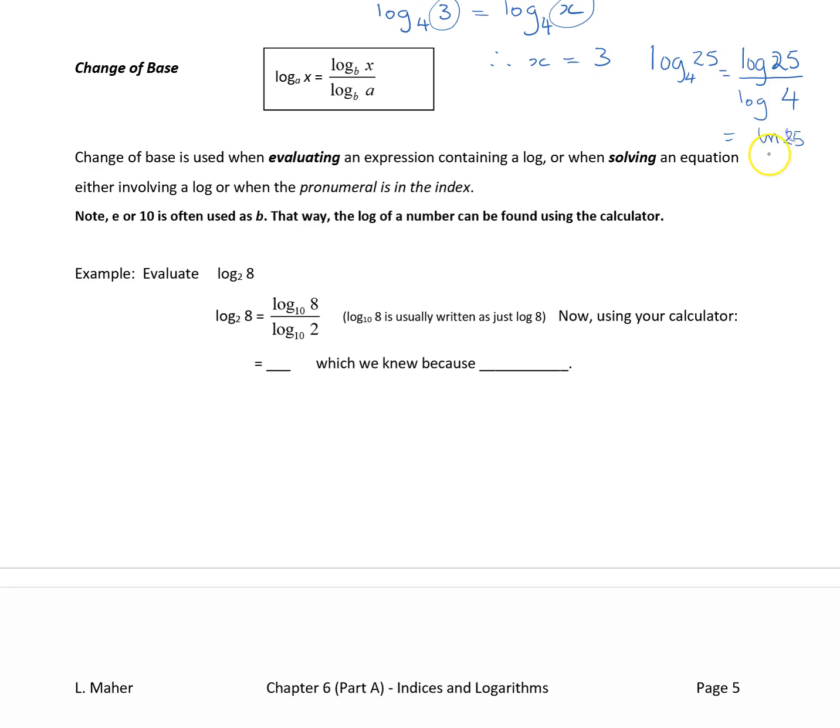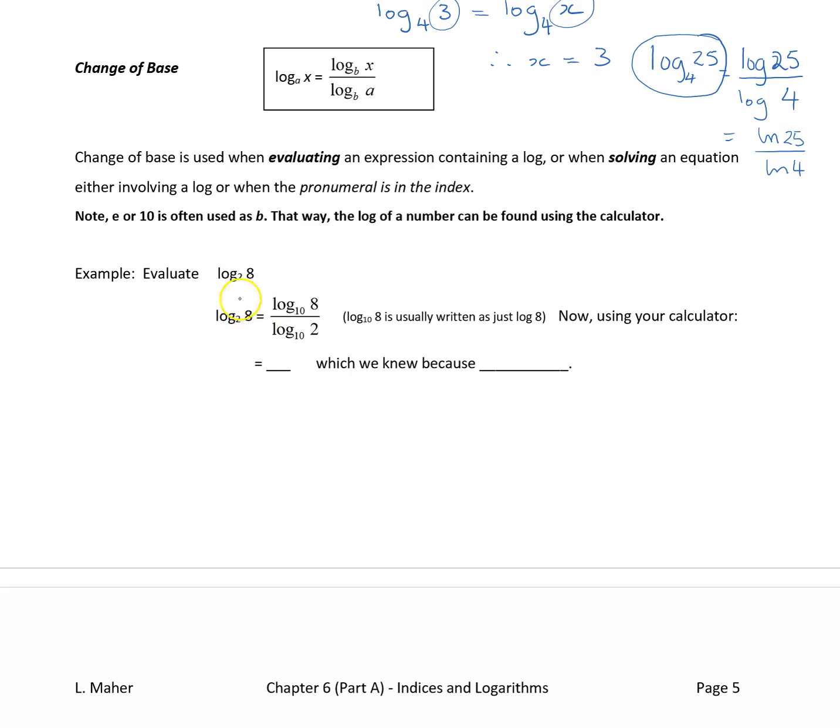So ln 25 divided by ln 4 will give exactly the same result as log to base 10 of 25 over log to base 10 of 4, and it will give the answer to evaluate log of 25 to base 4. So, when might you use this? You might use it when solving an equation. You might use it in evaluating.